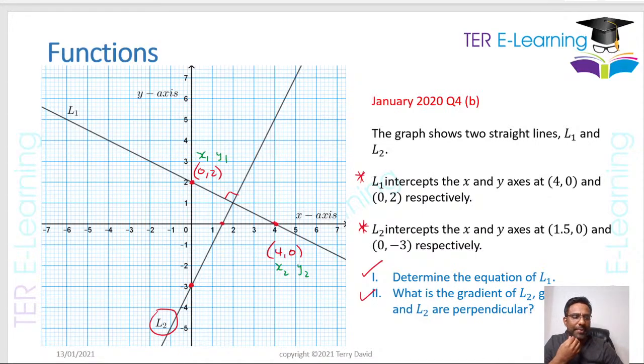L1 and L2, they are perpendicular. So what's the gradient of L2? Let's see if you're all paying attention.